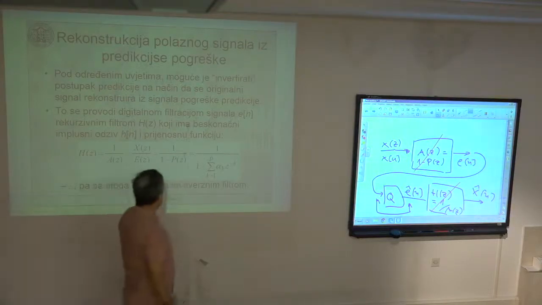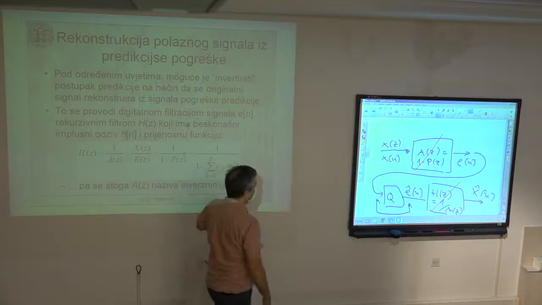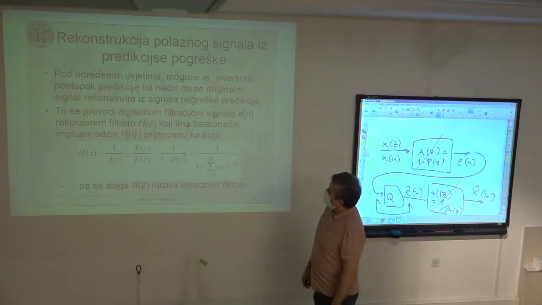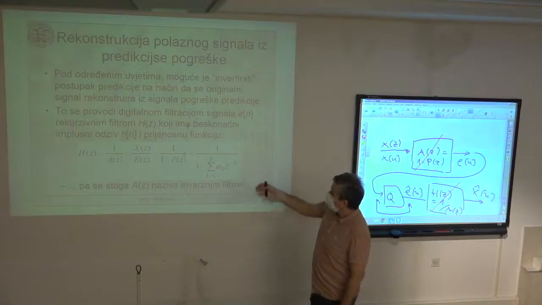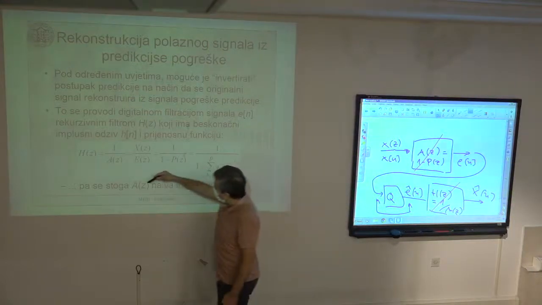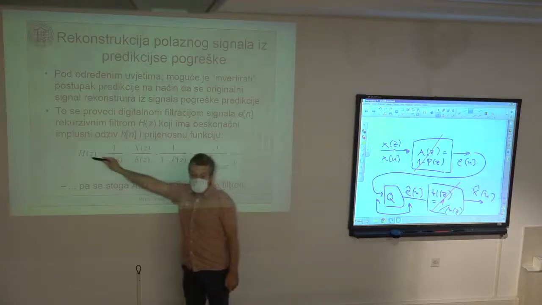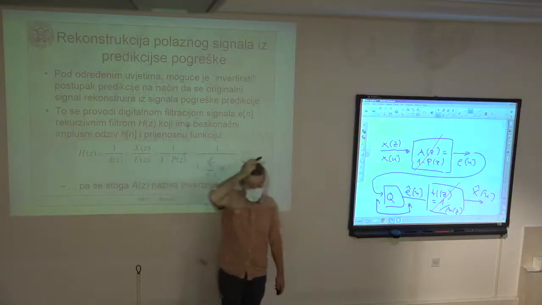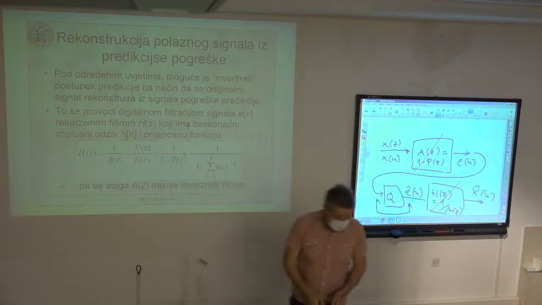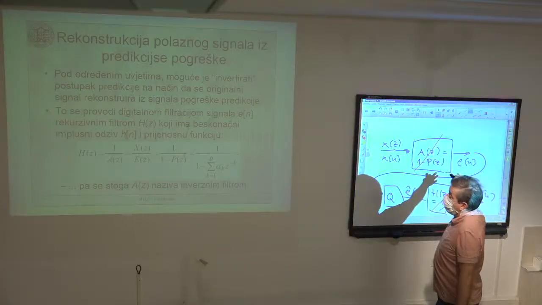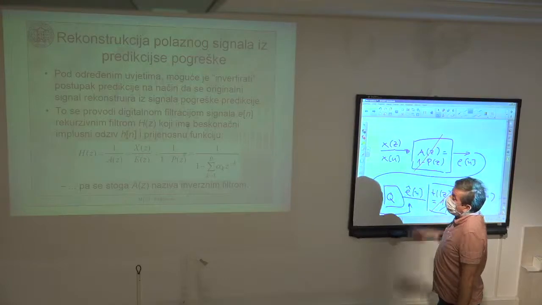So that is the reason usually this A of z is denoted as the inverse filter. Why? Because it is inverse to the H of z. It is only the issue of terminology. So this A of z, the filter that has the prediction error at its output, is denoted as an inverse filter.